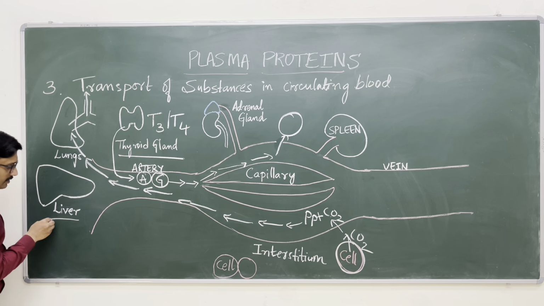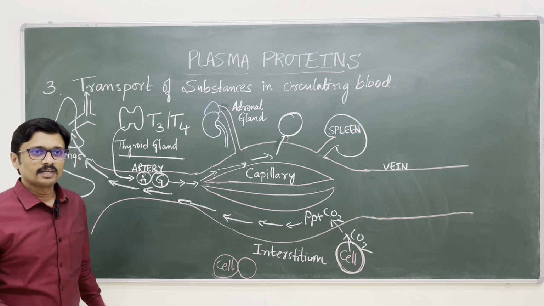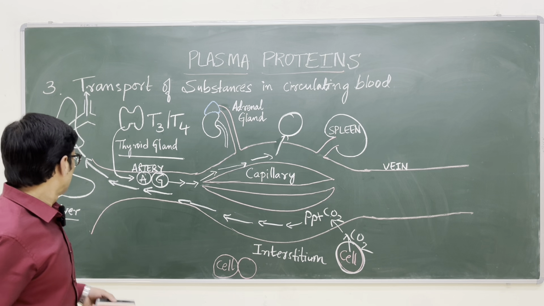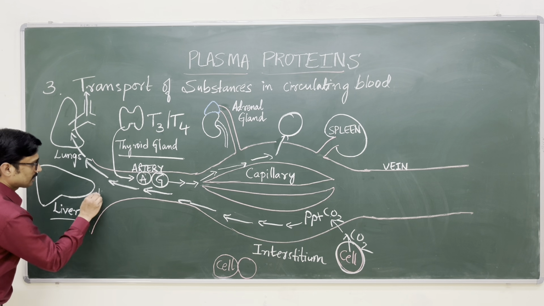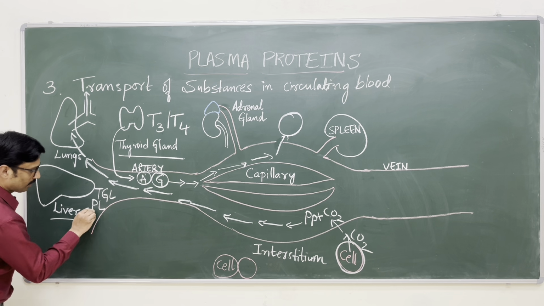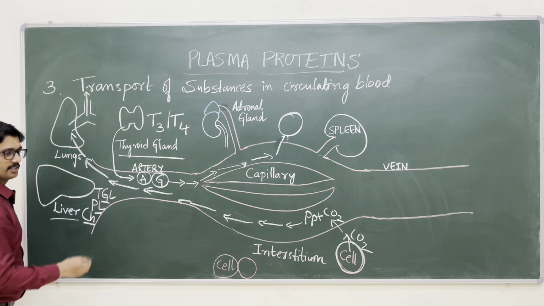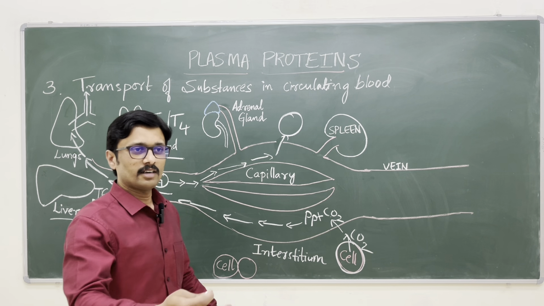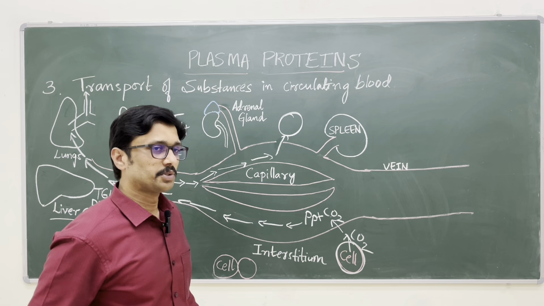See, the liver will synthesize some substances and those substances have to be transported. We'll consider that the liver will synthesize triglycerides, phospholipids or cholesterol. How are these fatty substances transported in the blood and deposited in the tissues?